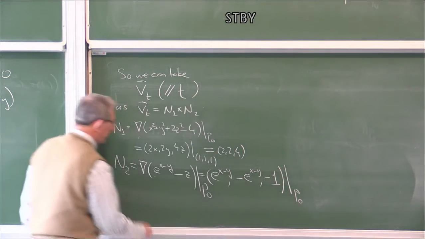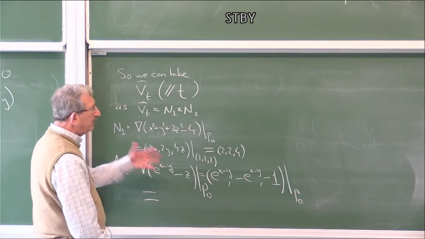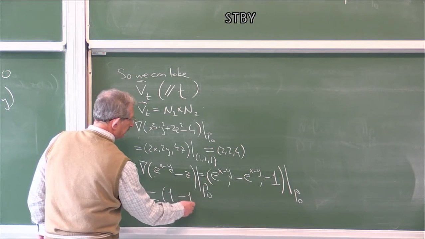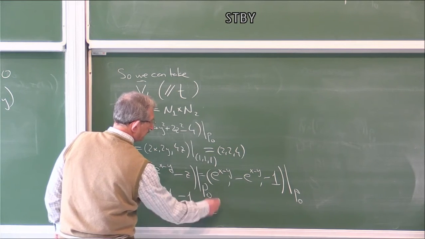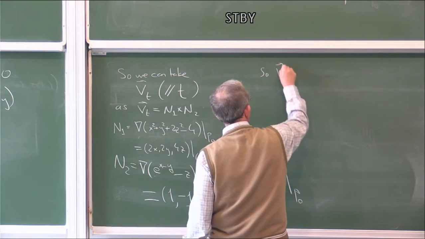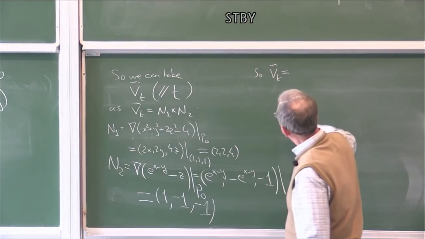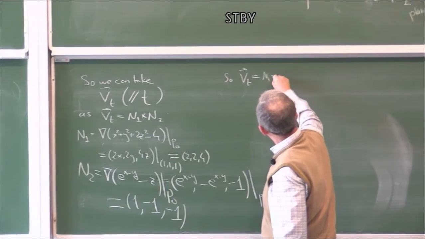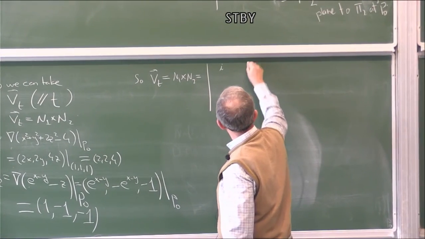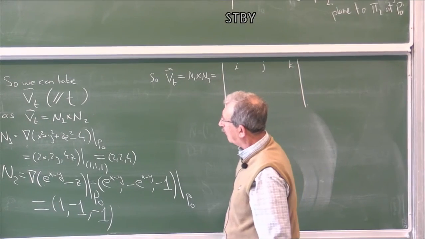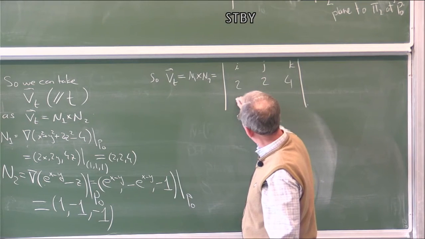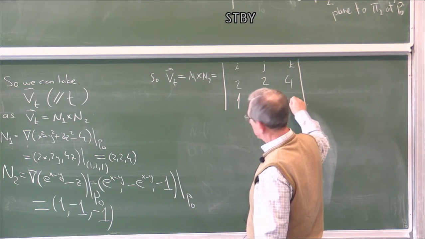So it becomes, at the point 1, 1, 1, e to the 0, minus e to the 0, and minus 1. So VT can be taken as the cross product of N1 and N2, which happens to be the determinant of N1, which is 2, 2, 4, and 1, minus 1, minus 1.